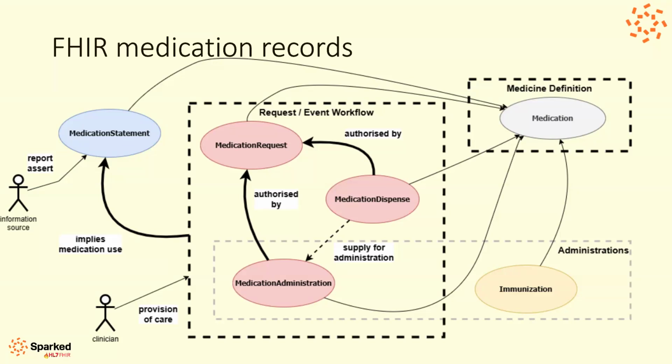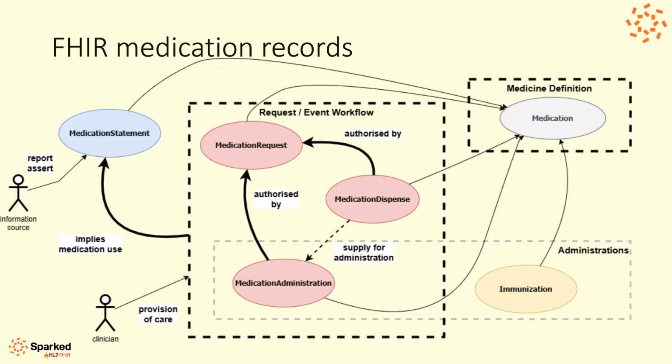And then you'll see those workflow events all refer to medication as a definition or identification piece. So one way to describe the medication of interest is to have a full medication resource definition, which describes the medication content, so the drug type, maybe the forms, maybe ingredients for compounded things, and so forth.